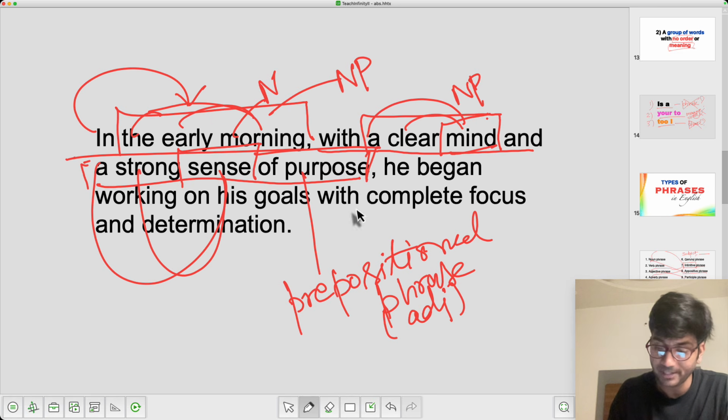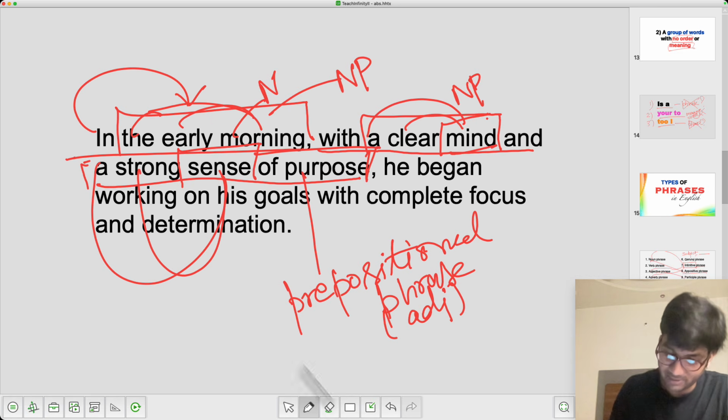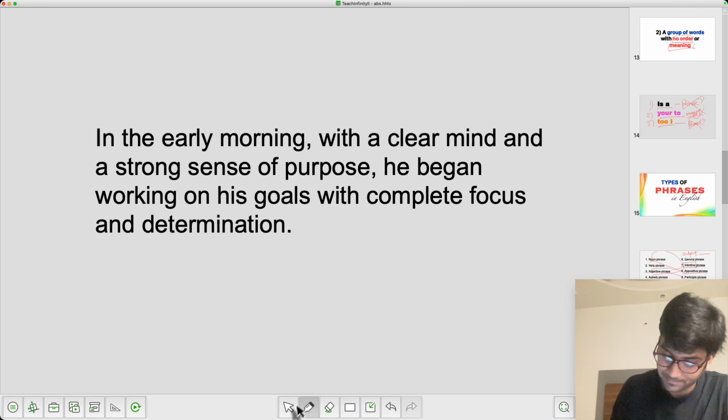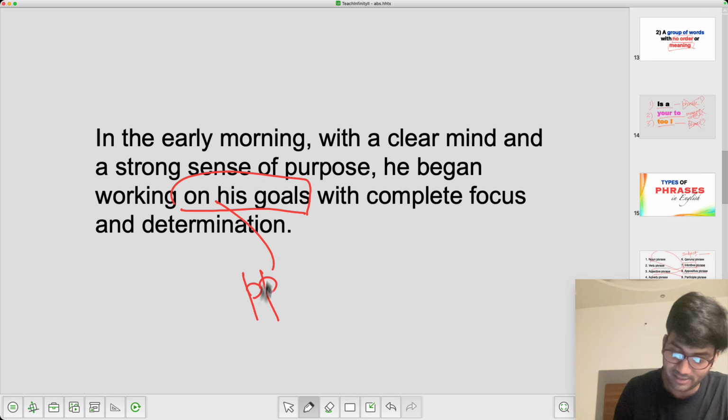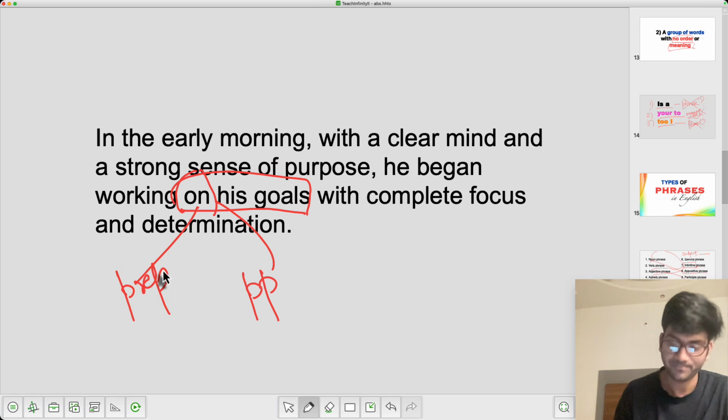Working on his goals with complete focus and determination. Now in this, let me just clear this first of all. Begin working on his goals. That is another prepositional phrase, as you can see, headed by the preposition on, right?